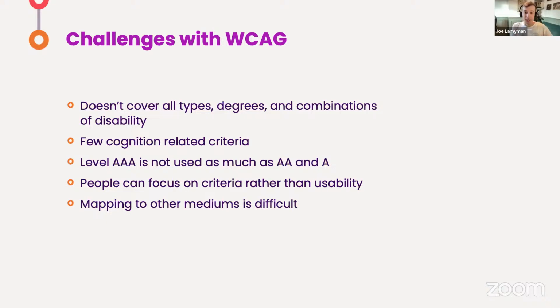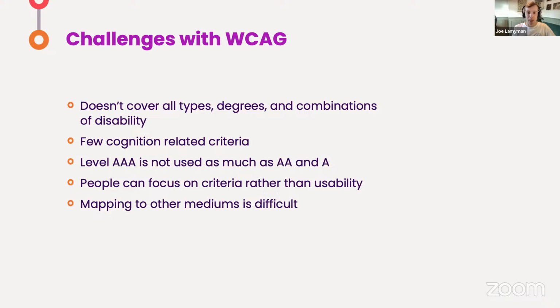And if you've considered usability and you're developing something in tandem with that consideration, but if you're just focusing on the success criteria and maybe you're not too sure about how usability should work in XR, then given that there are not too many success criteria that directly apply to XR, you can focus on the criteria and not on usability, meaning that you haven't got, at the end, such a usable experience.